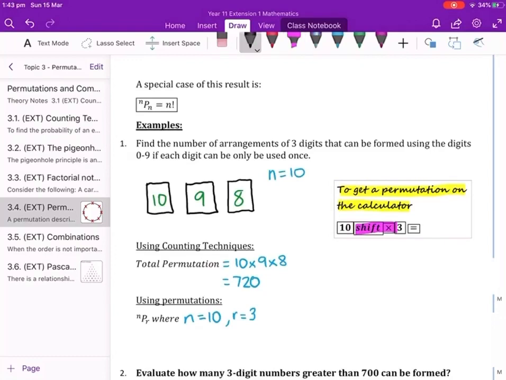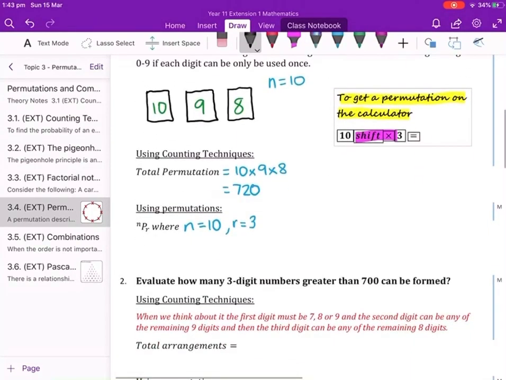We write 10, get our P symbol, 3, so on our calculator we go 10 shift times 3 equals 720. And as you can see, our counting techniques way and using permutations give exactly the same answer.